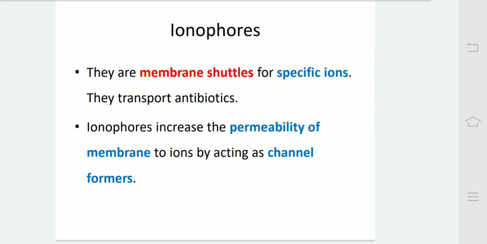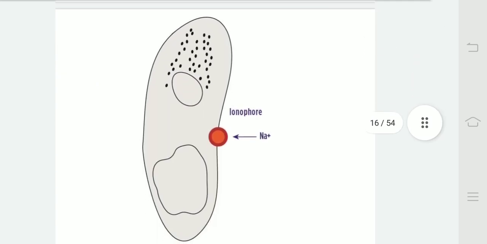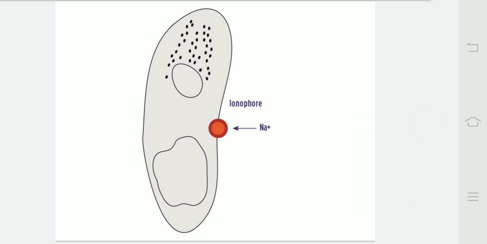Ionophores. They are membrane shuttles for specific ion. They transport antibiotics. Ionophores increase the permeability of membrane to ions by acting as channel formers. In this diagram, we can see an ionophore in a bacterial cell through which sodium ions pass.